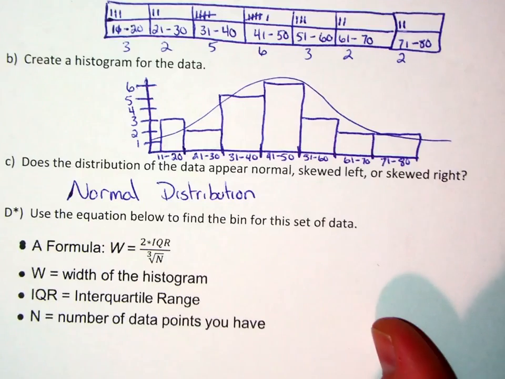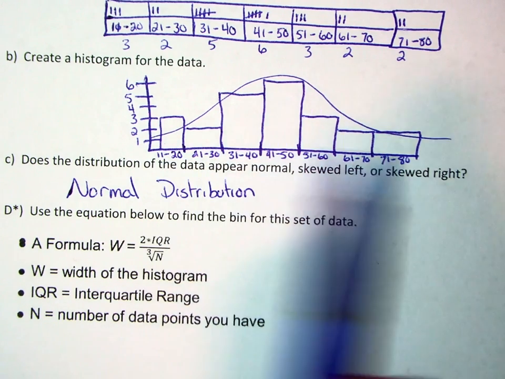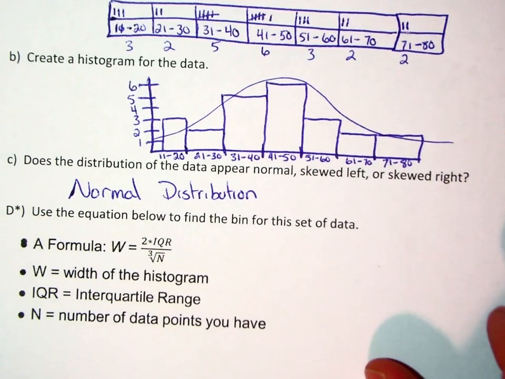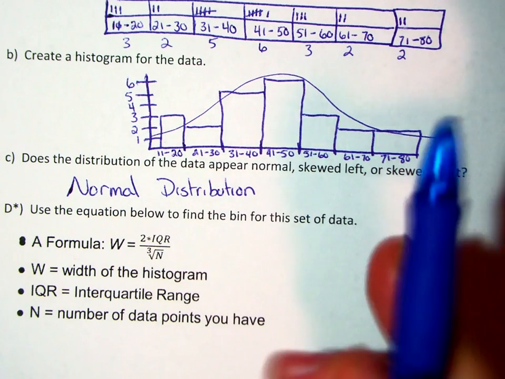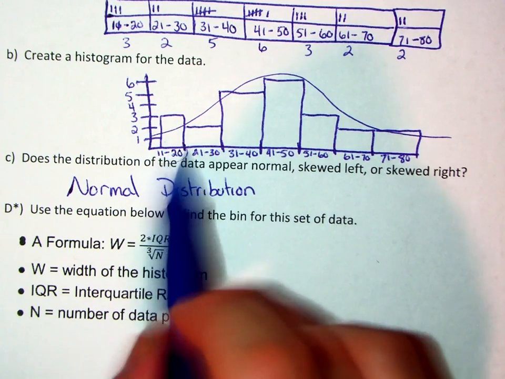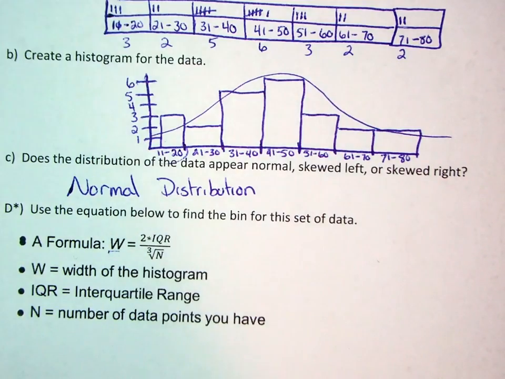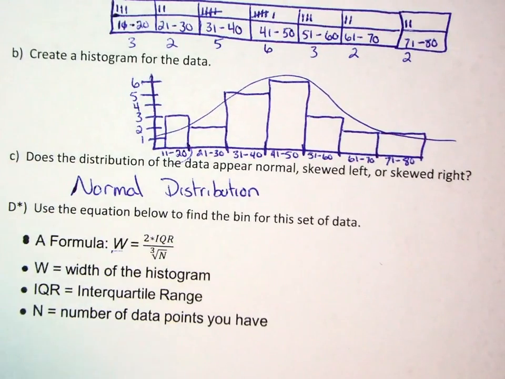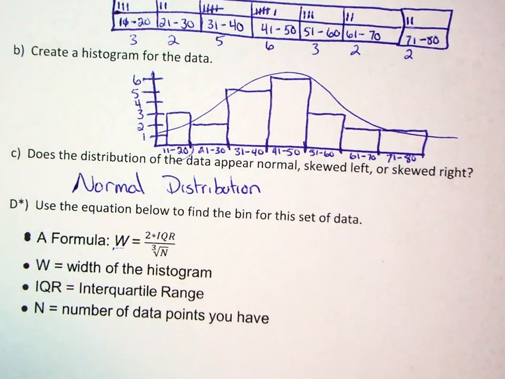Now we're going to talk briefly about how to determine the bins. We determine the number of bins, or I guess the data span within the bins, by calculating this value of W. So we're going to use the above chart to calculate the value of W for this set of data.